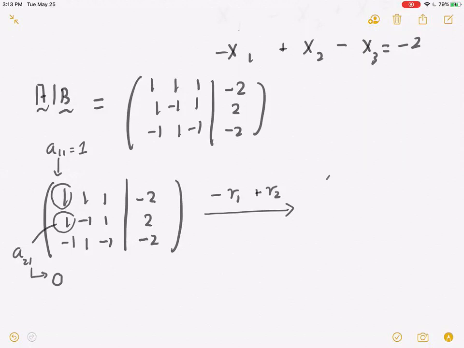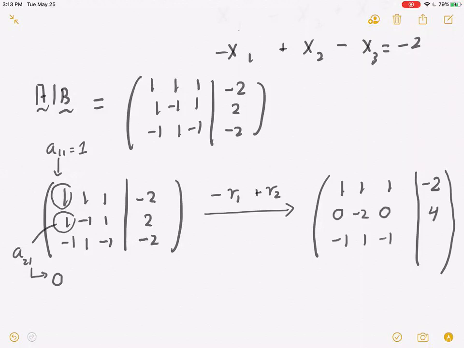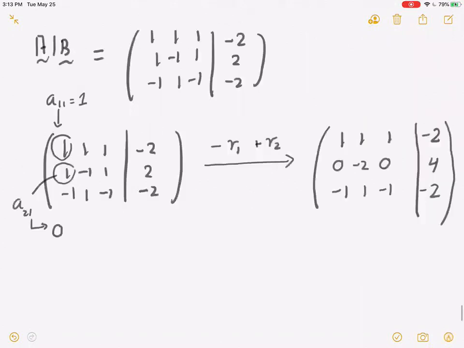And you should get, note that row 1 is not changed. I just took a Xerox copy of it. I didn't do anything to row 1. But I took a Xerox copy of row 1, multiplied it by minus 1, and added that to row 2. So I'm going to change row 2 by doing the arithmetic carefully. And this is what I get. Row 3 is not even in the ballgame. I didn't apply any elementary row operation to row 3.